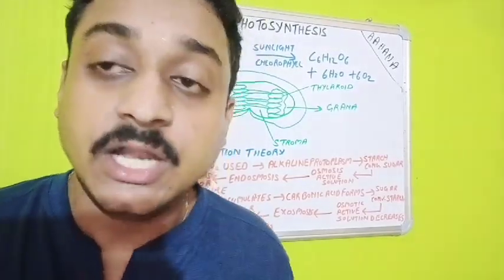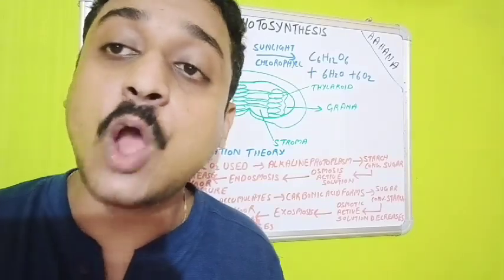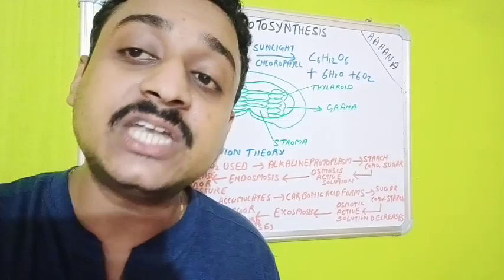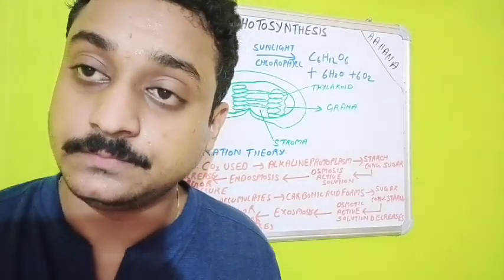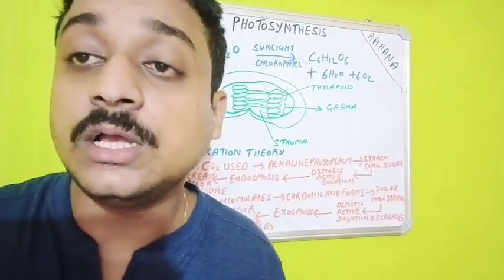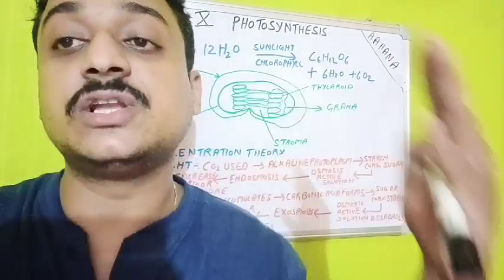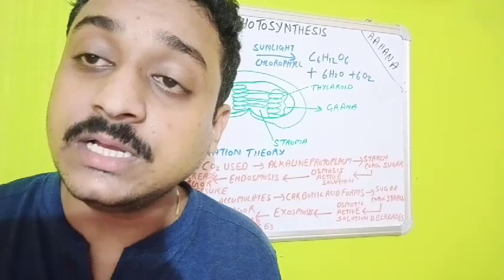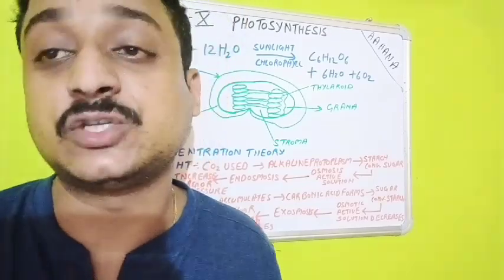What is that? During the night time, the stomata of the xerophyte plant, meaning the cactus and all the desert plants, open only at night. And at that time they receive all the carbon dioxide from their external environment. And finally, during the next day they will start the process of photosynthesis.